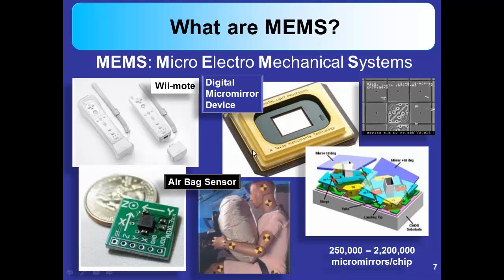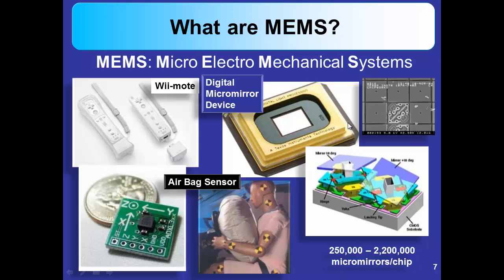Another area where you'll find MEMS devices is in video projectors. Texas Instruments developed a device called the digital micromirror device, and this is what the chip looks like. This is approximately 1 inch on a side. These devices are used in rear projection TVs, some video projectors like you'd find in classrooms, and even in some handheld video projectors called pico projectors.